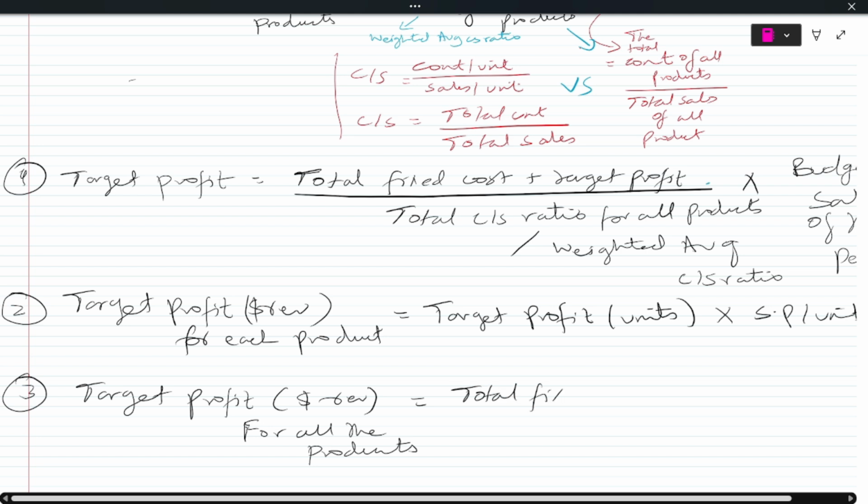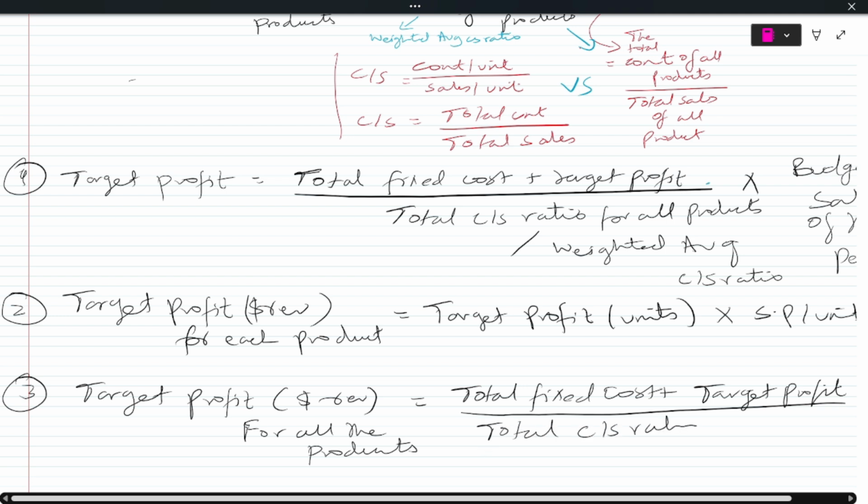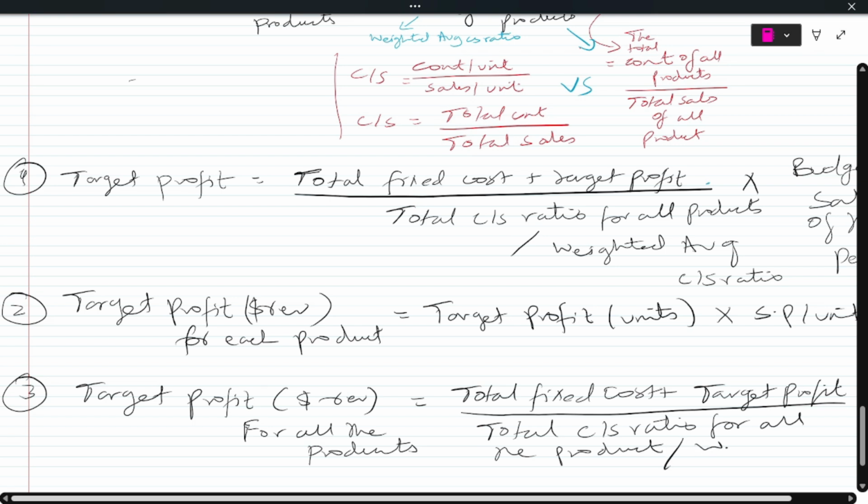Total fixed cost plus my target profit, and I'm going to divide it by the weighted average CS ratio, or the total CS ratio for all the products.